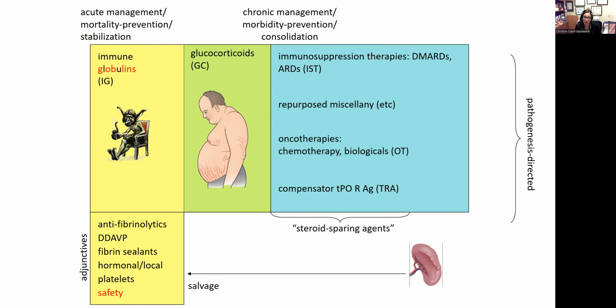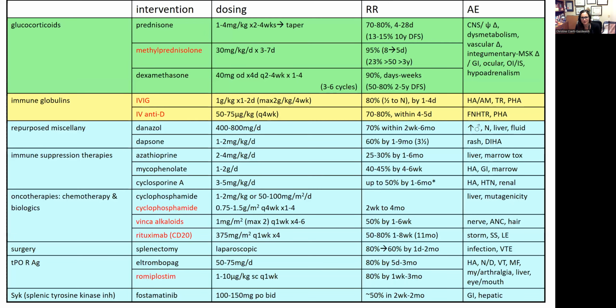We could be using oncotherapies, certain lymphoma-type chemotherapies we're borrowing from, and certain biologics. So the devil's in the details, and this is a hard condition to cure. So this is a reference table of different interventions, the dosing, the relative response rates, and the adverse effects.